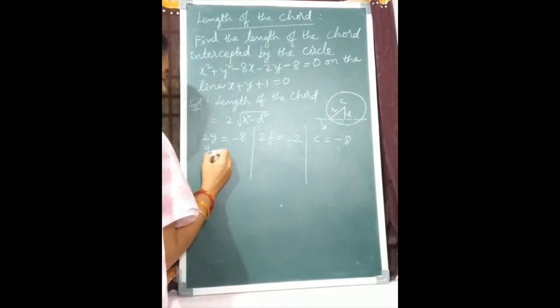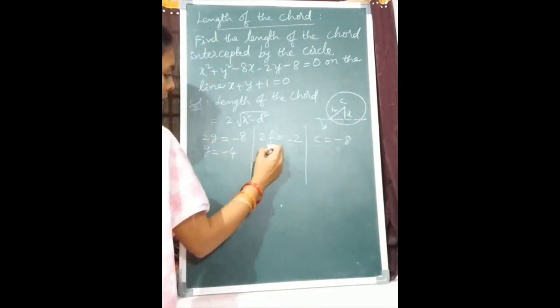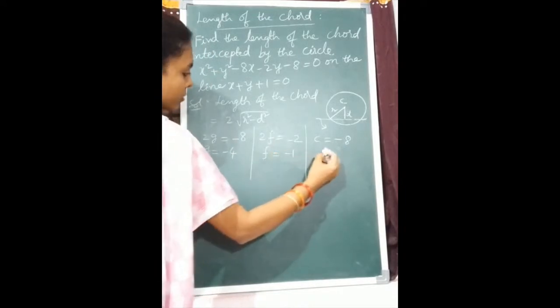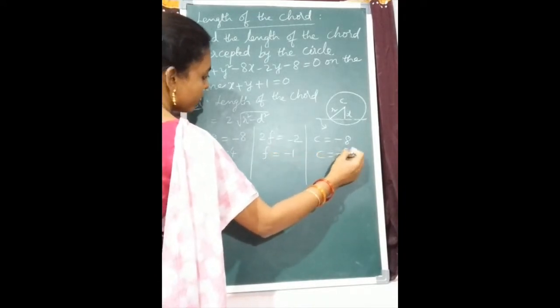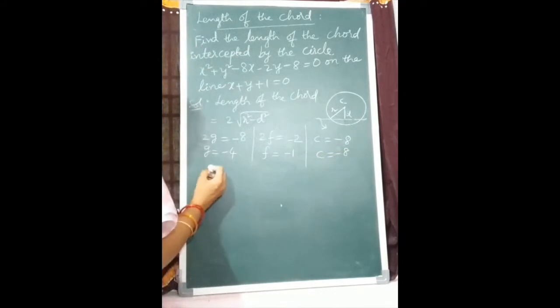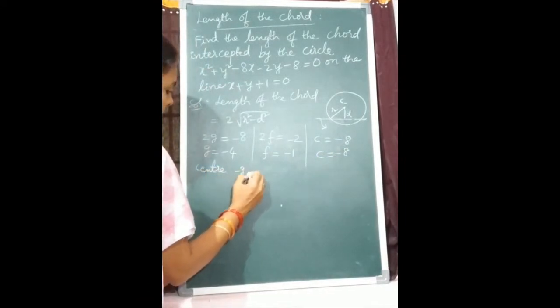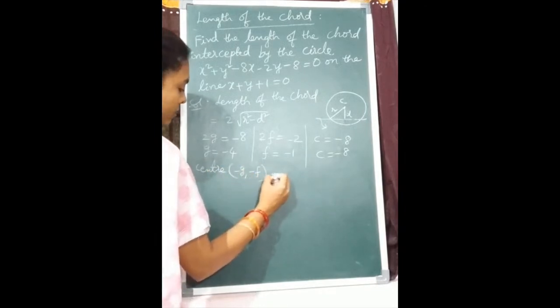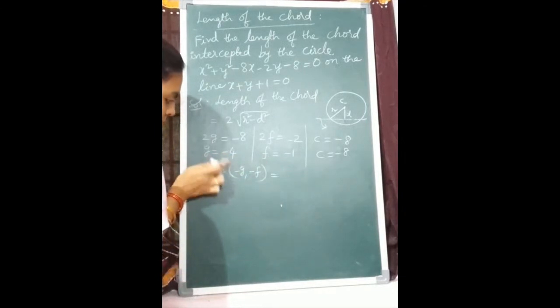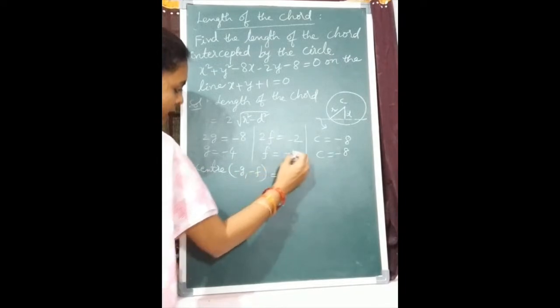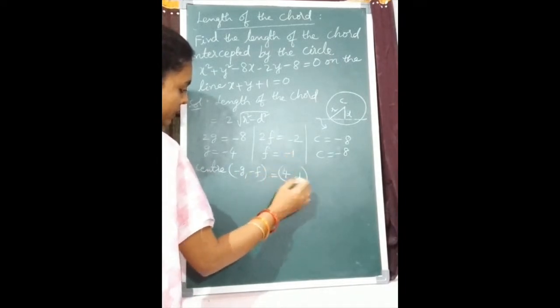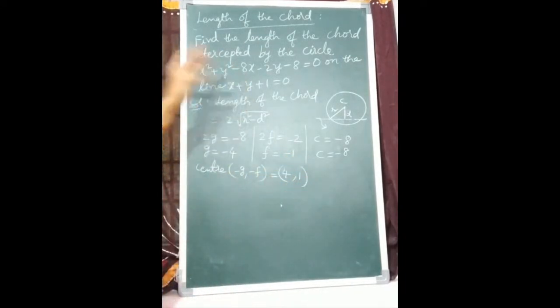G is equal to minus 4, f is equal to minus 1, c is equal to minus 8. Center is minus g, minus f, which is 4, 1. This is the center of the given circle.